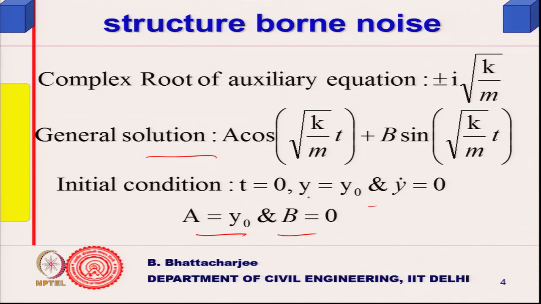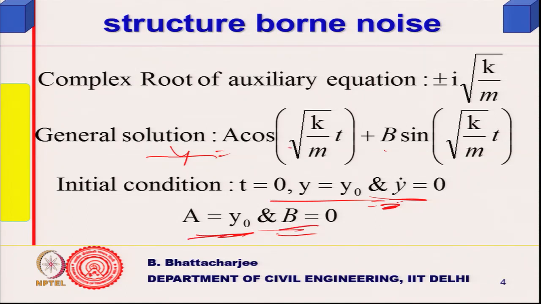And for b, at t equals 0, y dot, that is if I take the derivative of this and find y dot equals 0, putting these two conditions, I will get a equals y 0, b equals 0.